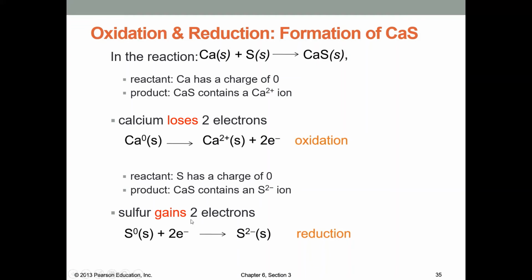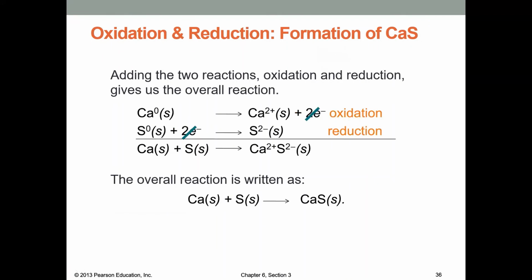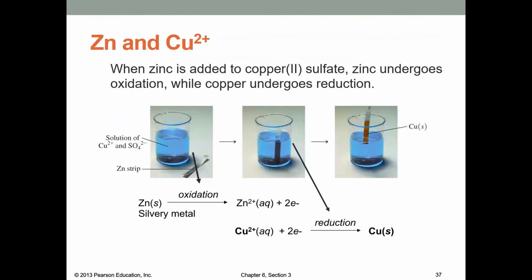In its pure state by itself, it is neutral, but in its ionic state, it's going to become a -2. Because it gained, it is being reduced. And again, the overall product, CaS, remember, is still neutral because -2 and +2 cancel out each other. It's charge balanced. But one is oxidized, one is reduced.